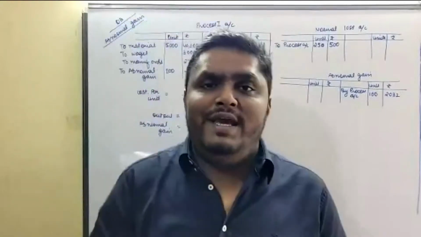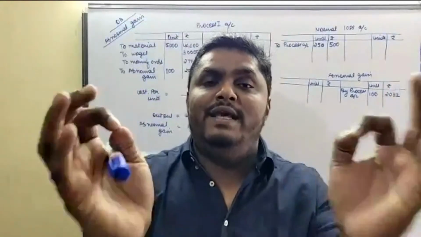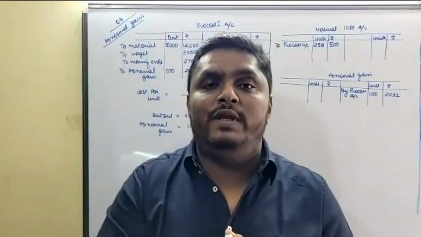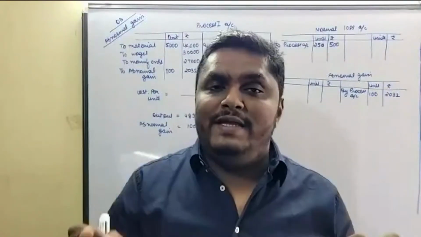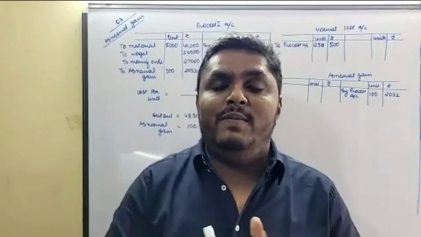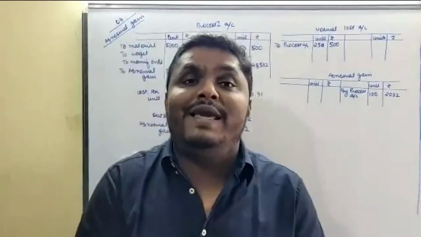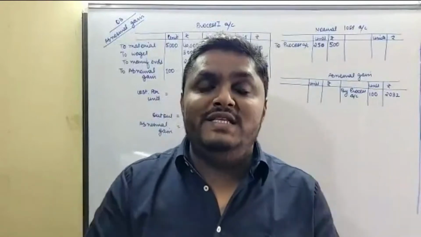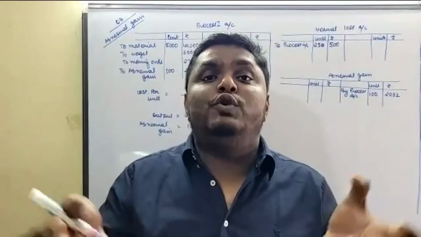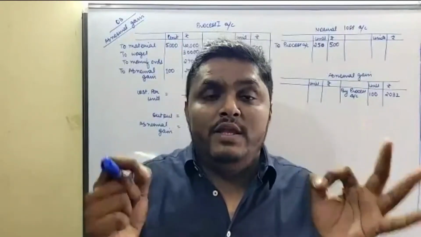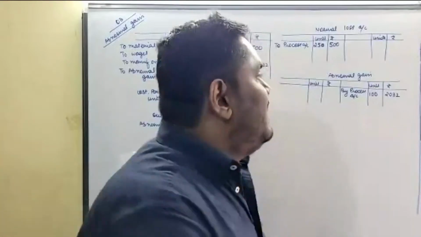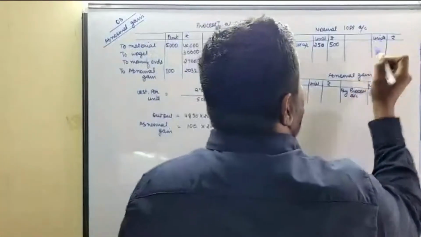Now, very important, guys, we have estimated that there will be a normal loss of 250 units. However, there is an abnormal gain of 100 units. It means how many units did we actually sell in the market? Only 150 units.